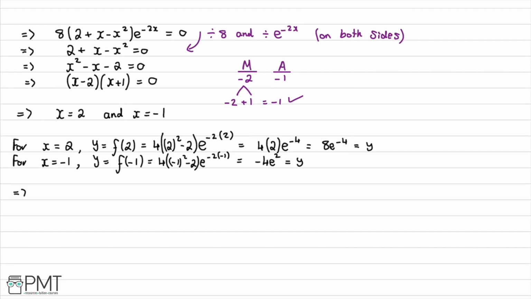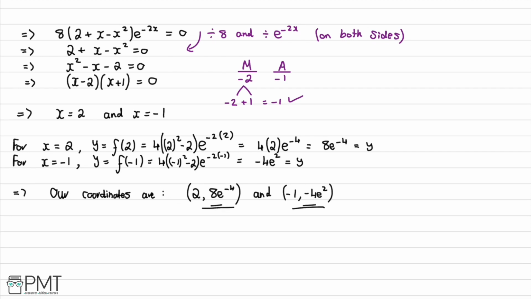So our coordinates are: the first one, the x coordinate was 2 and the y coordinate was 8e to the negative 4. And secondly, x was equal to negative 1, and the y coordinate which went with this was negative 4e to the power of 2.